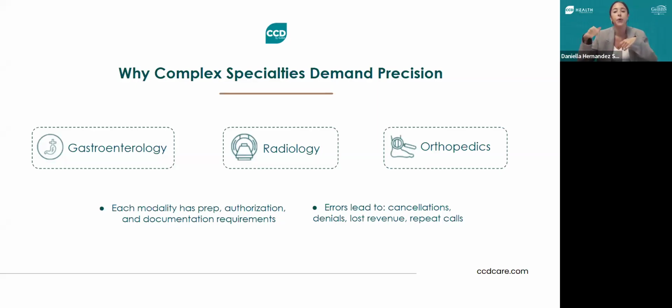For imaging appointments, you'll need prior authorization, clinical documentation, modality matching, and equipment availability. And for our third modality, orthopedics, it will include referral validation, prior imaging review, and even sometimes subspecialty provider matching.